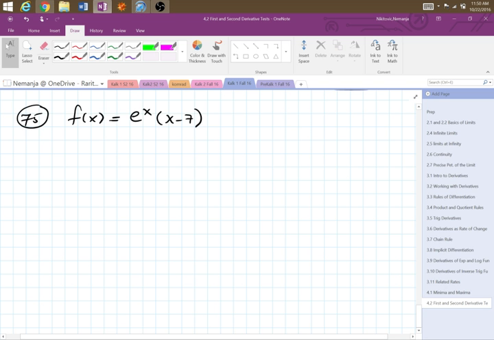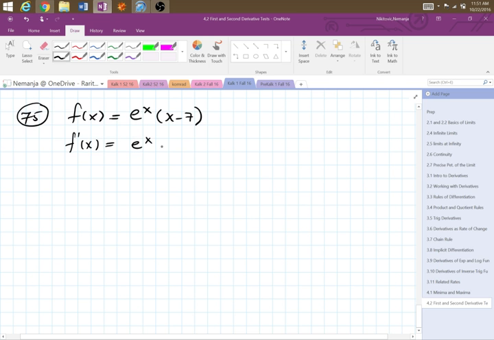Okay, let's take a look at this problem together and then do the review. So we need the first derivative and then the second derivative. This is a product rule: e to the x times the derivative of x minus 7, so 1, plus the derivative of e to the x times x minus 7.